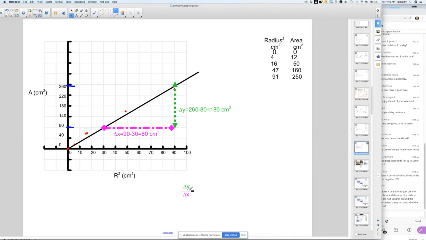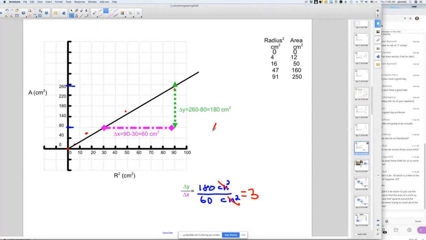Of course, the slope, delta y over delta x, is going to be 180 square centimeters divided by delta x, which is 60, also square centimeters. So the number we get here will have no units. Usually the slope has some kind of units associated with it, but here the units cancel off and you get just 3. Very simple, 3.